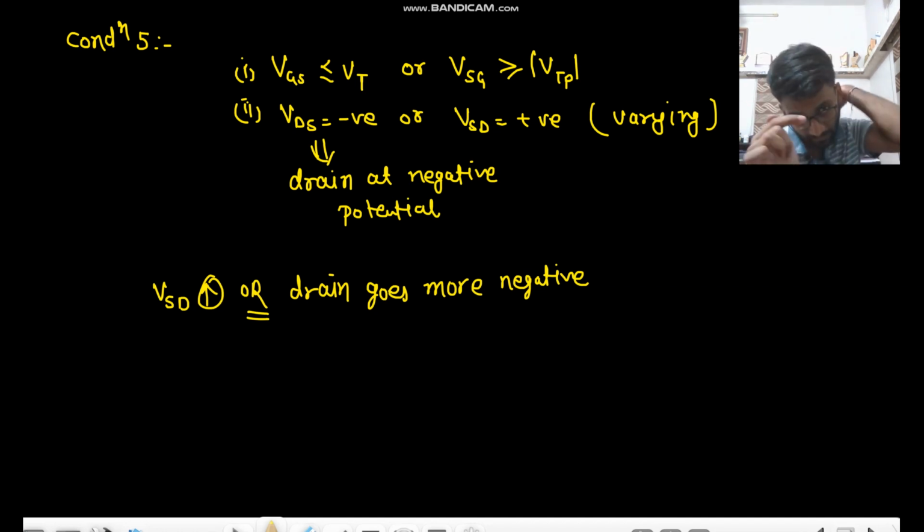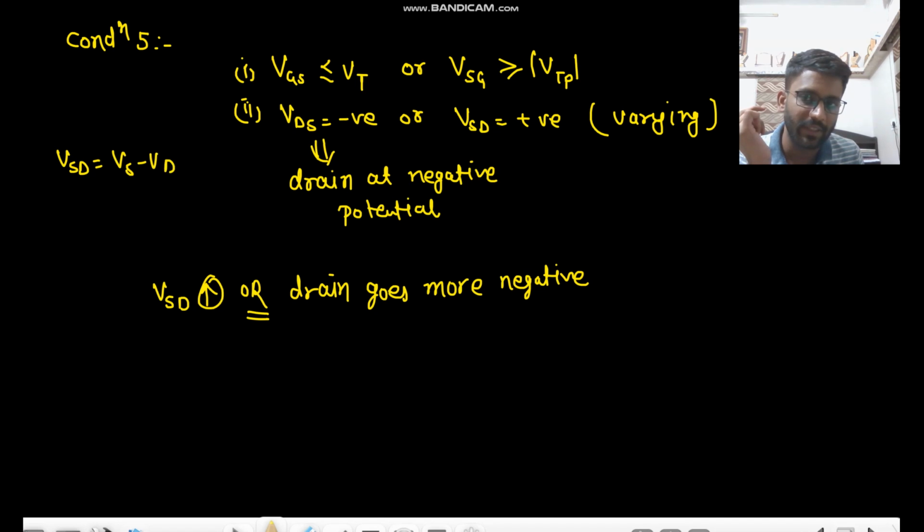What will be the VSD value? VSD will be VS plus 3. If the drain goes to -4, VSD will be VS plus 4, since VSD is VS minus VD. So if the drain goes more negative, VSD increases, or VDS decreases.